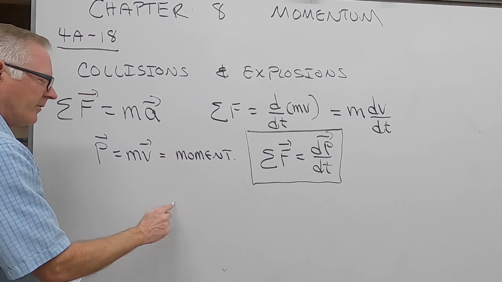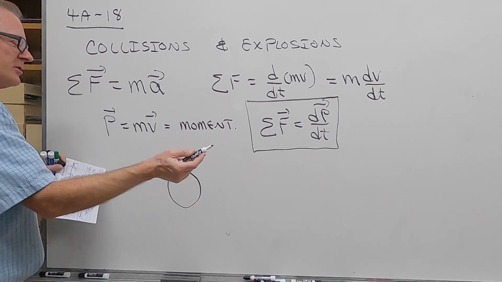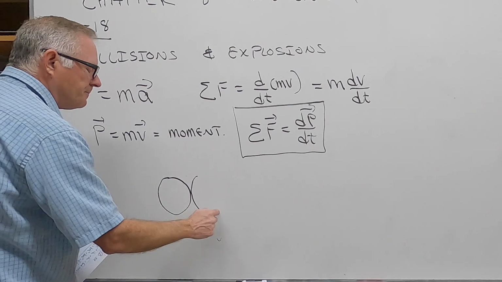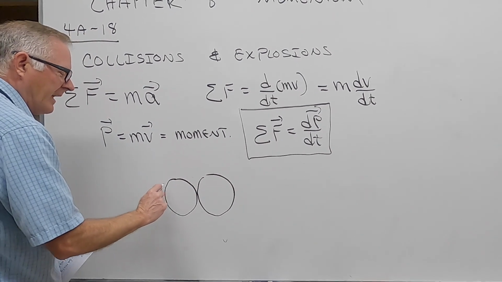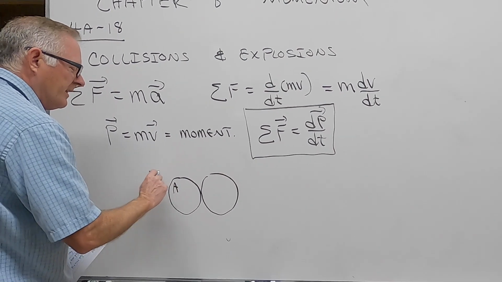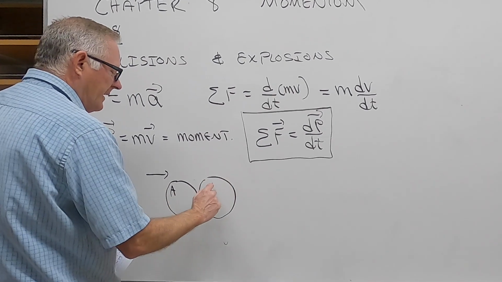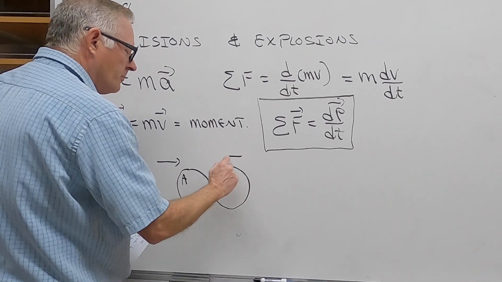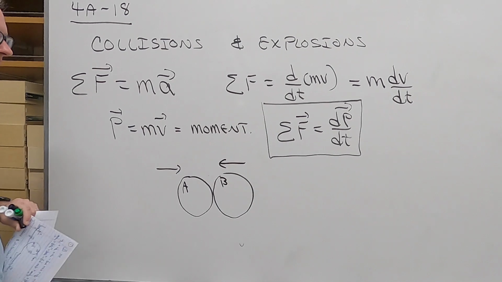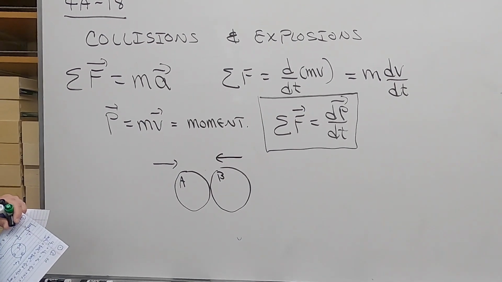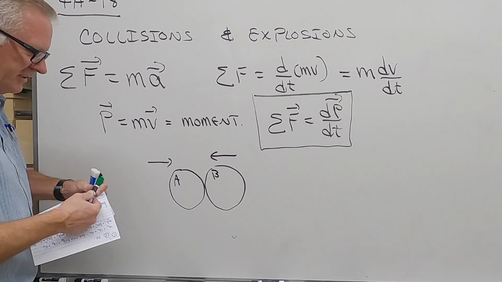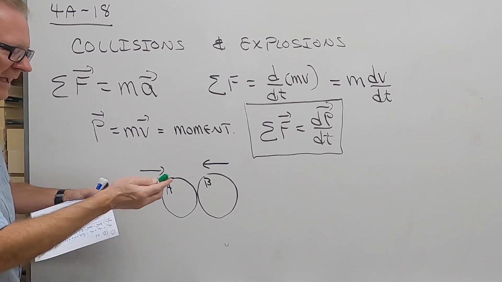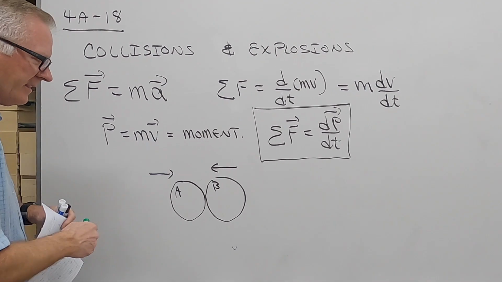So now let's say we have a collision, out in space. Ball A is moving in this way, and ball B is moving this way, and they collide. And so what are the forces on them? There's no gravity. We're a long ways away from anything.